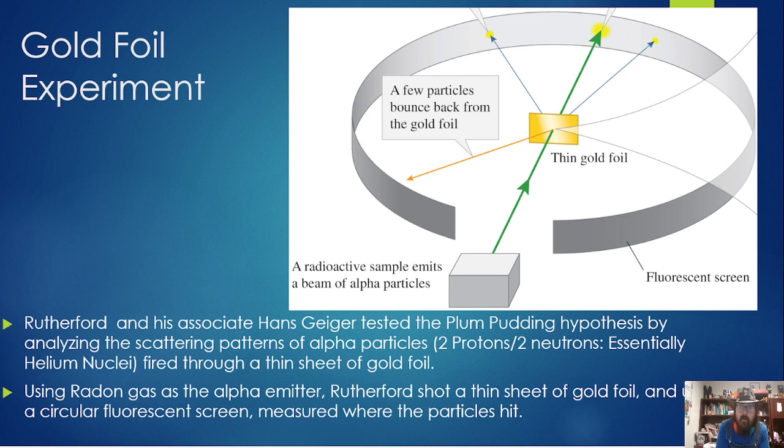The idea is that because gold is very heavy but can also be made into a very thin sheet, it's very likely that the particles will puncture through and get to the other side. So he uses radon gas as his alpha emitter, shoots alpha particles out, and uses a circular fluorescent screen to measure where the alpha particles hit.